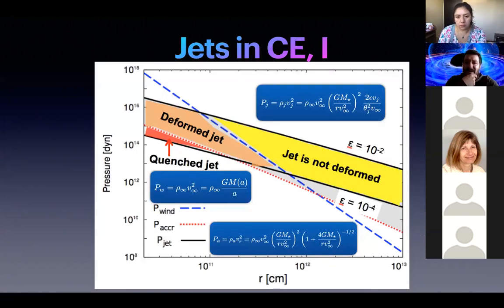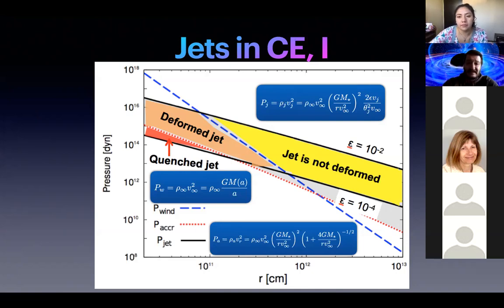So what do we expect? Well, here I'm showing you a pressure versus radius plot. And you can see that the upper part is dominated by the pressure of the jet. So if the jet has a lot of luminosity, the jet will simply blow out of the common envelope.